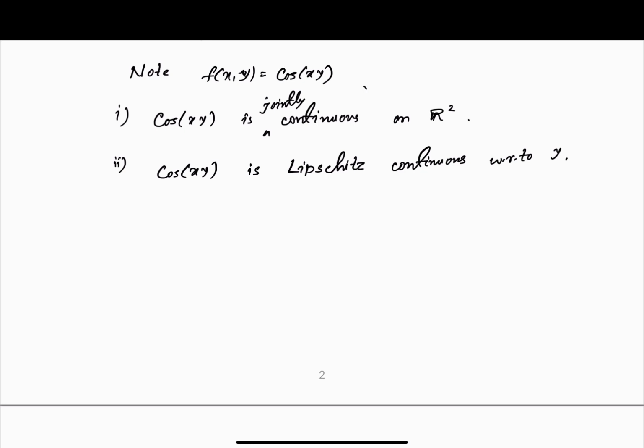In order to prove this, one way to prove that a function is Lipschitz is the mean value theorem, which is very useful here, so we will use that. Take two points y1 and y2. We will use the mean value theorem with respect to the variable y.